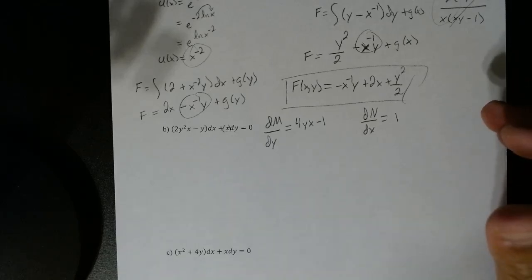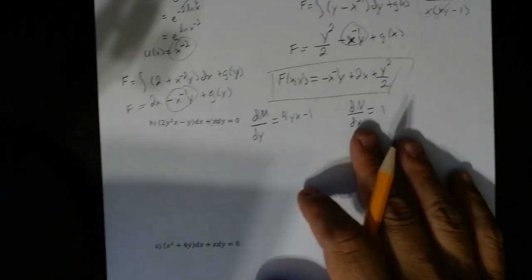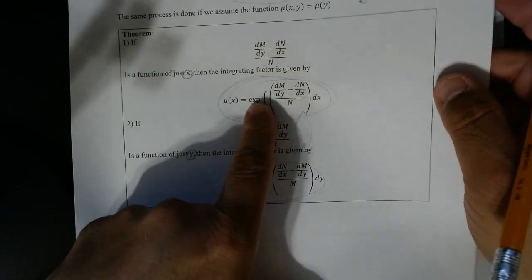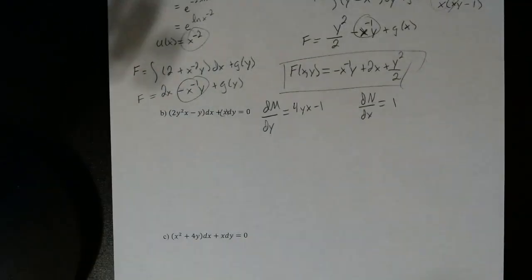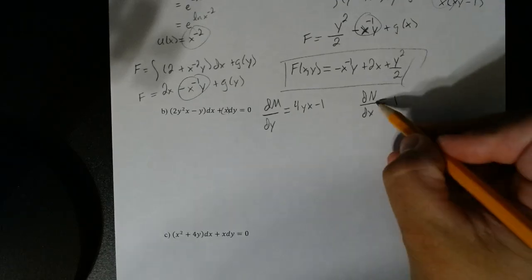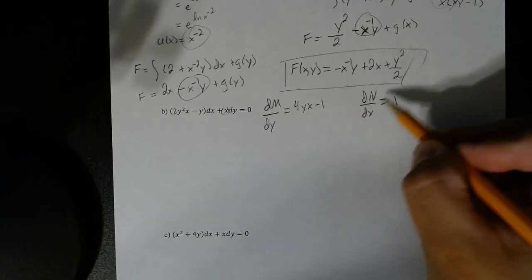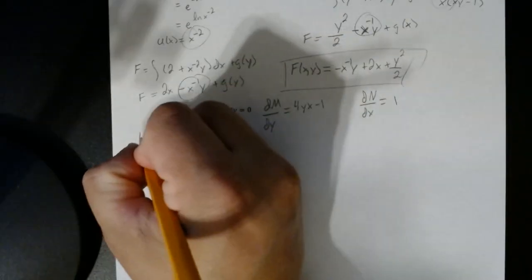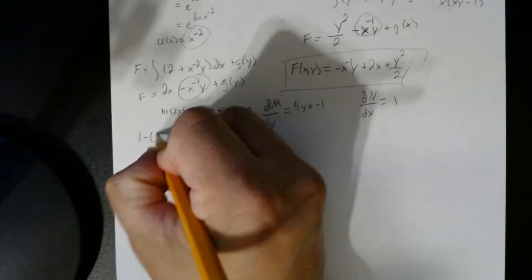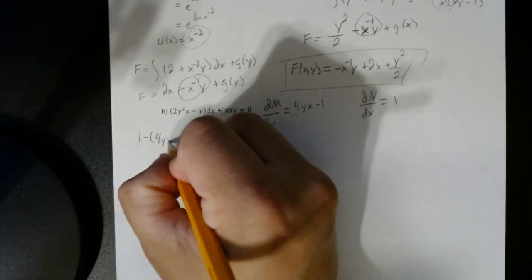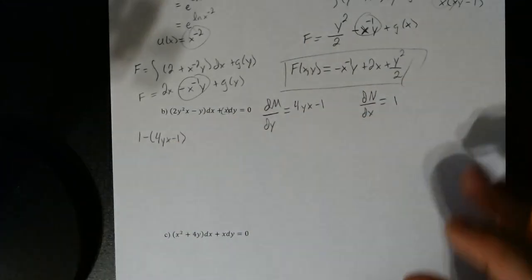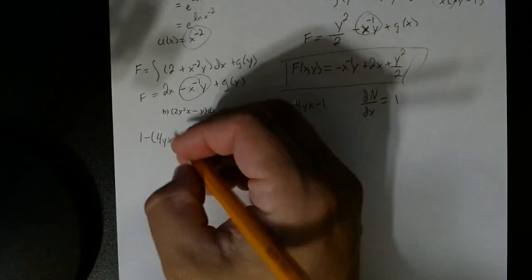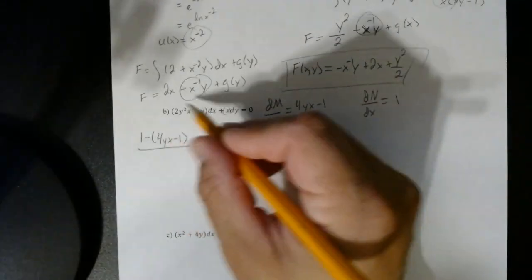Well, I want to try them the other way. Since this one worked that way, hopefully this one works the other way. So let's try this situation here. Maybe just flip it around so you can see how it's going to work the other way. So in this case, it's this value minus that value, all over m.